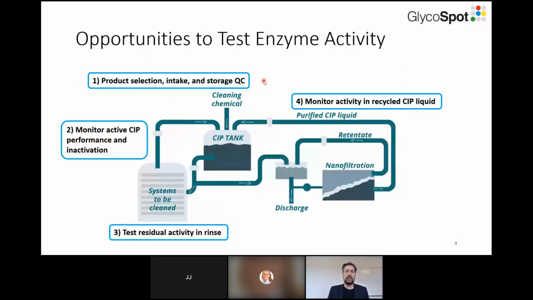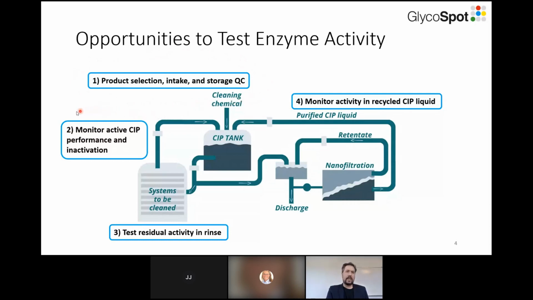It can ensure that the batch of the material that you're getting is consistent and meets the specifications of the product. And also, as your material has been stored, that the quality is still acceptable to be using in your cleaning process. So this is measuring the activity of your enzymes before it ever enters the cleaning system.